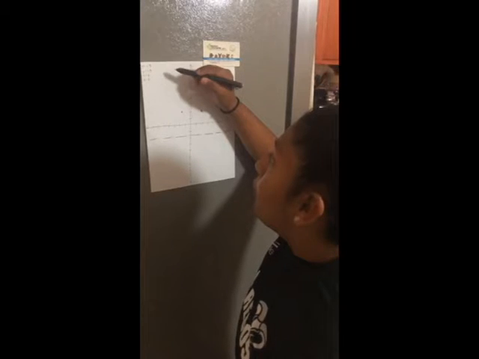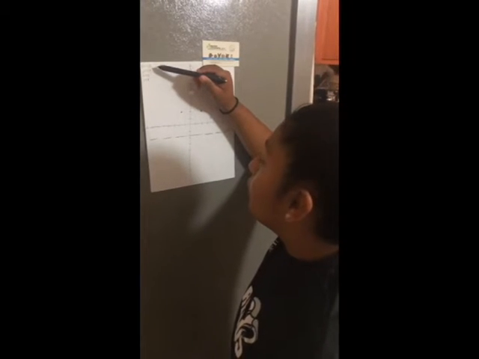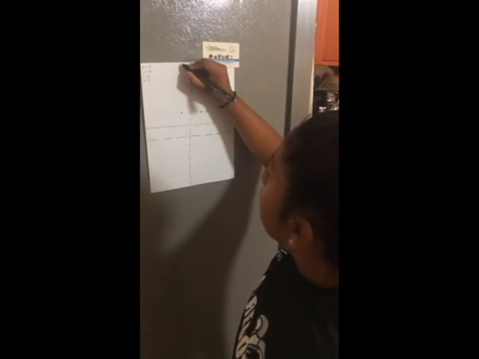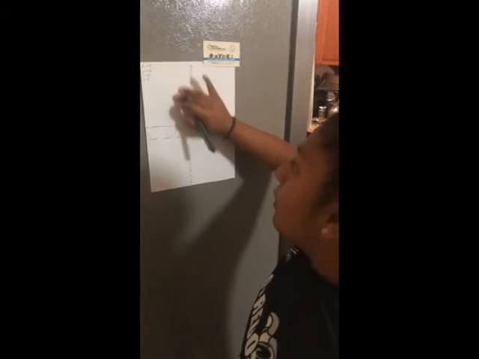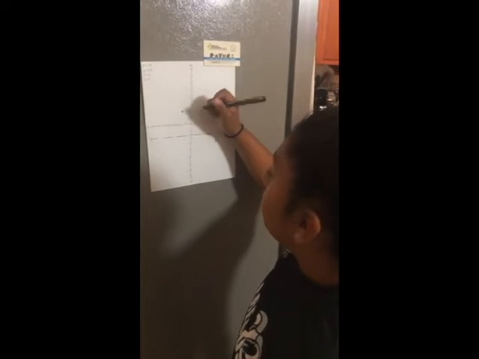Then our hole, since negative 1.5 is also x, we will need to eliminate our vertical line and place a hole.